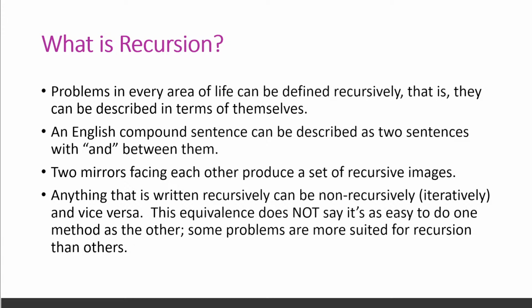We have the idea of a compound sentence being 2 sentences with the word "and" between them. In defining the term compound sentence, you're using sentence, which is a part of the term compound sentence. So if you don't really know what a sentence is, understanding what a compound sentence is becomes a little tricky. Two mirrors facing one another, basically anything that references itself.